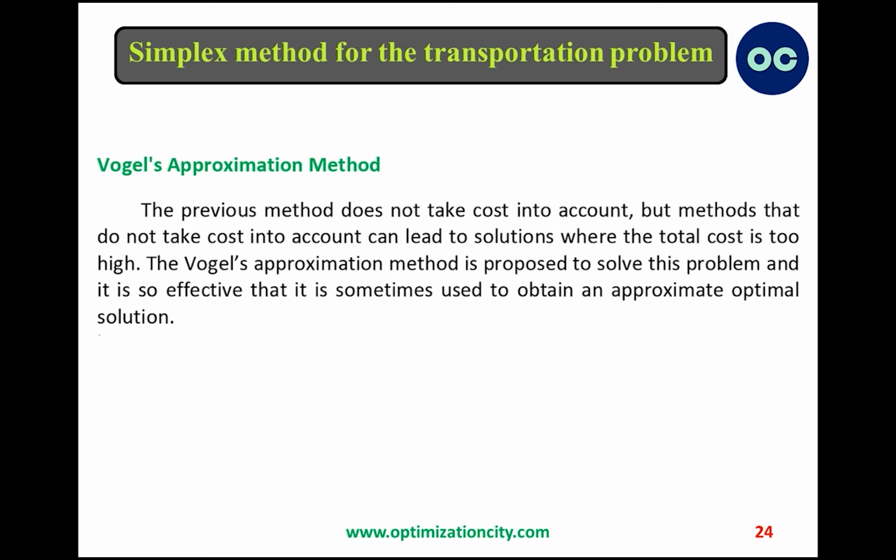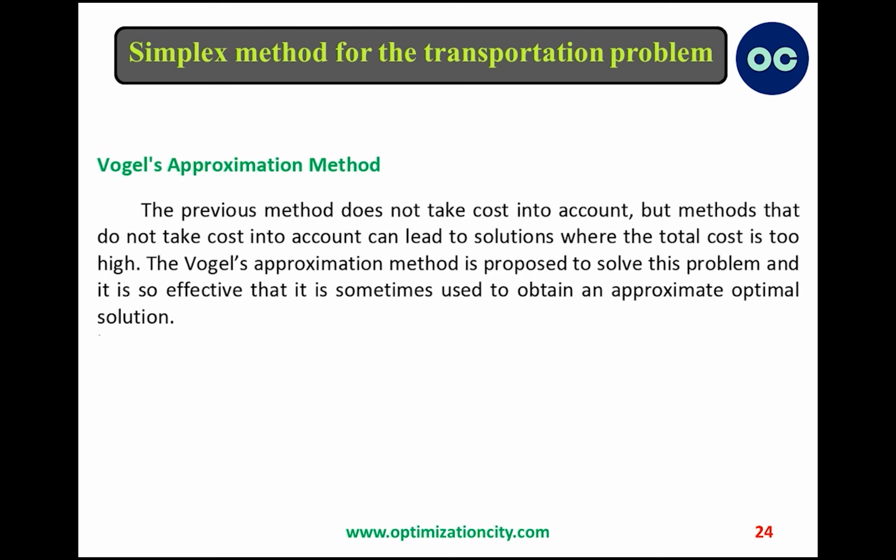In the first step, we calculate the difference between the smallest and the second smallest cost for each row and the column that is not yet fully allocated. In the second step, identify the row and the column with the largest difference. In the third step, we select the variable that has the lowest unit cost among those variables in the row or column defined in step 2.